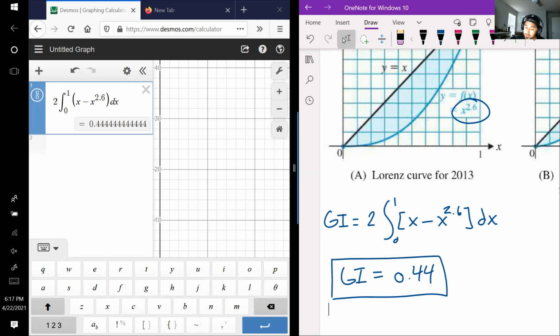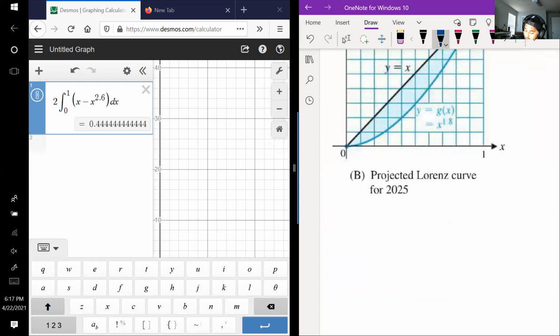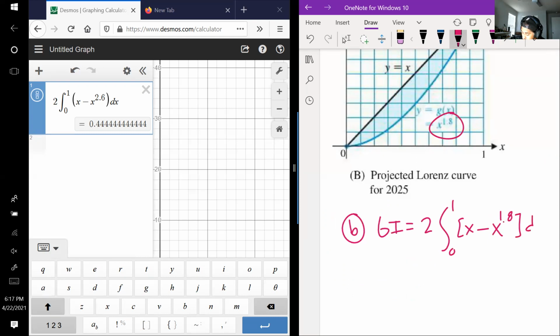Okay. And now let's go ahead and do the same for 2025. So for B, the Gini index is going to be 2 times the integral from 0 to 1 of x minus, and here we're given x to the 1.8, dx.